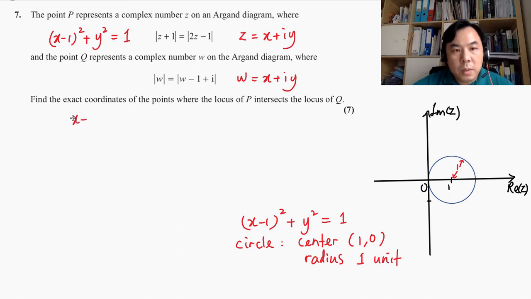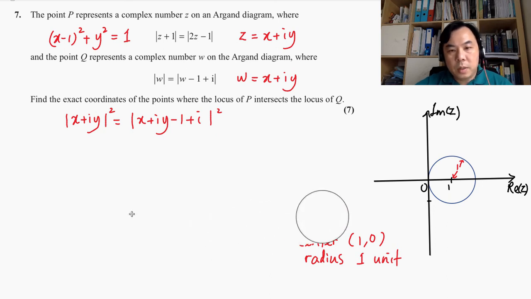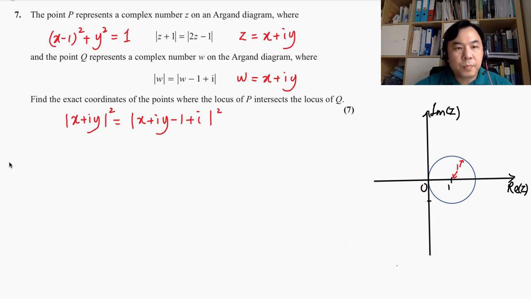That will be x plus iy, so x plus iy also minus 1 plus 1 here. And then of course it's better to square both sides. So if you square both sides, you'll get this.